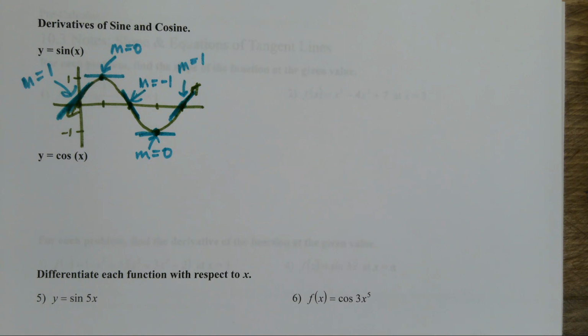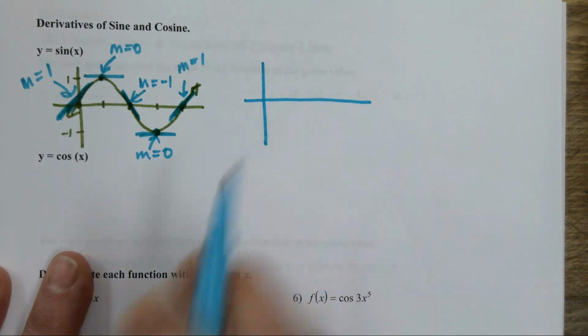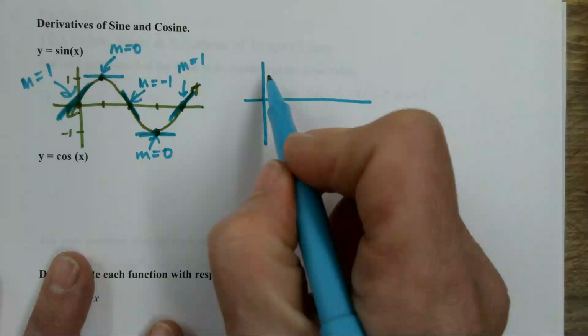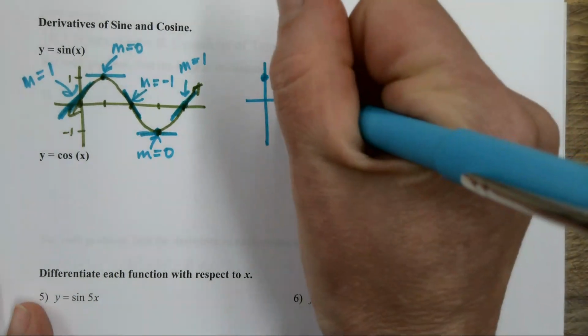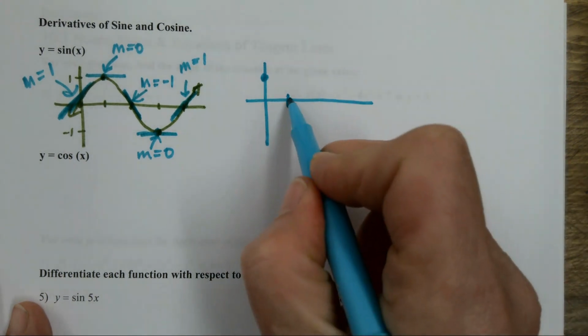I'm going to make a new graph and I'm going to plot my slopes. I'm going to come over here. I'm going to make a new graph. And at 0, it looked like my slope was something positive. I chose 1. At the first tick mark, it looked like my slope was 0.